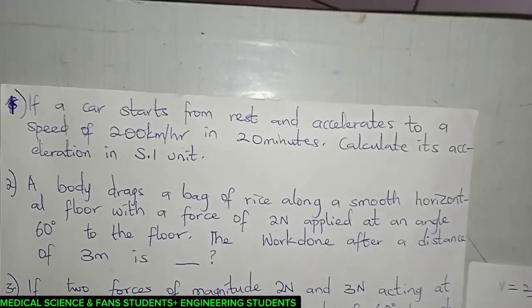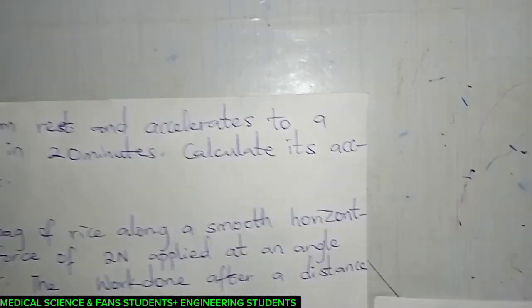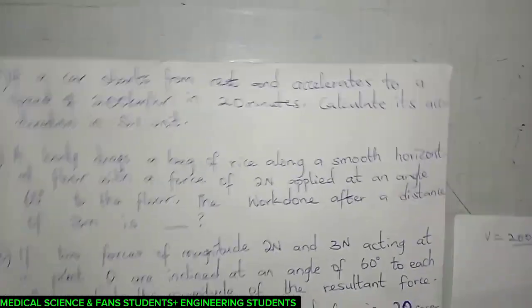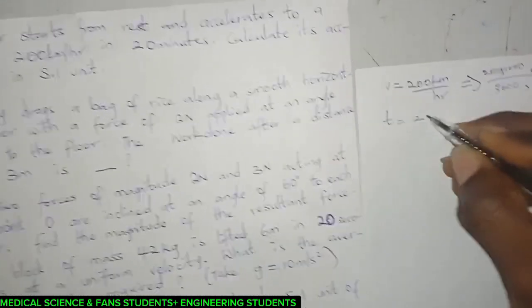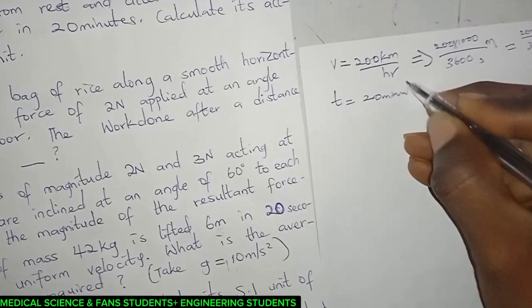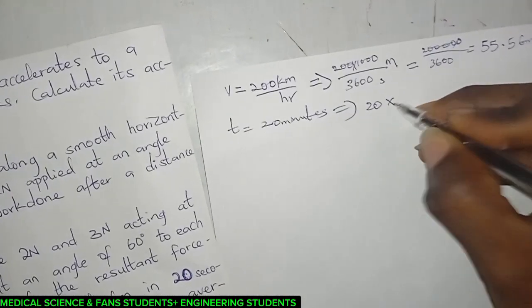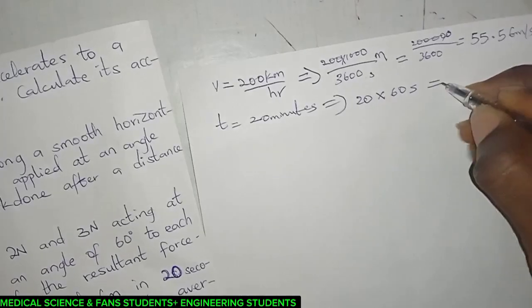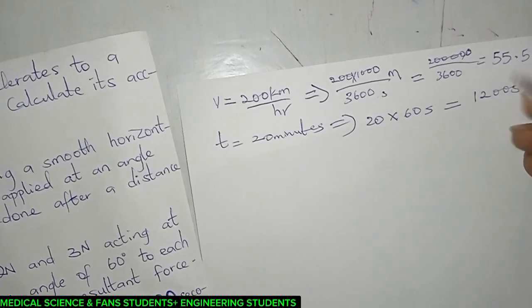So a minute to seconds is times 60. So I'll simply do t equals 20 minutes, which is equal to 20 times 60 seconds, which is equal to 1200 seconds.